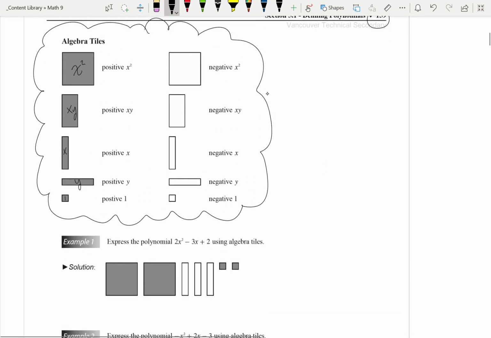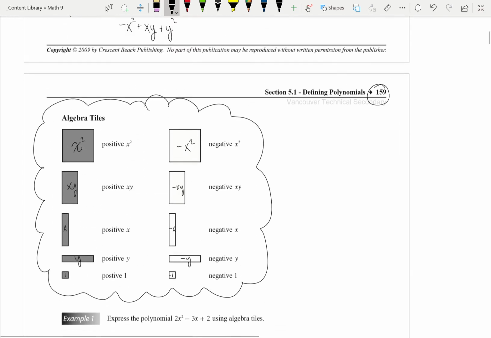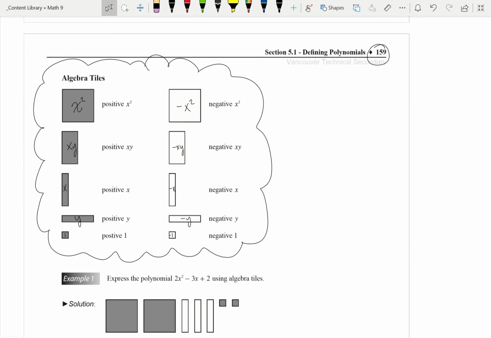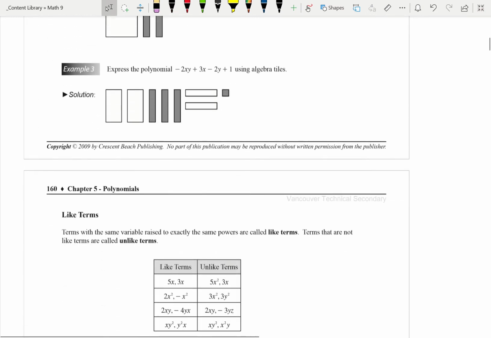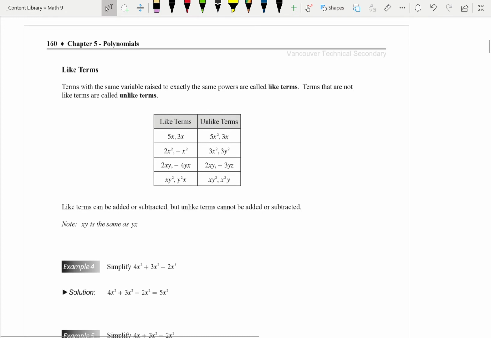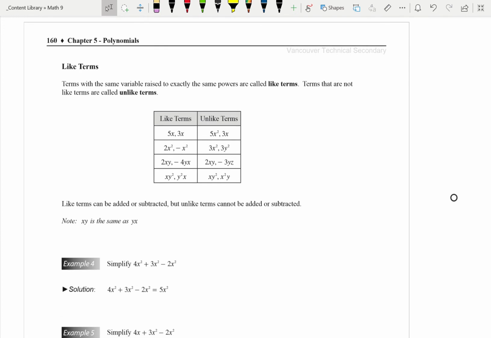And likewise, negative x squared, negative xy, negative x, negative y, and then negative 1. With that, you can make a whole assortment of polynomials, but for now, I'm going to skip them and go towards like terms. This is going to be kind of our last couple steps.